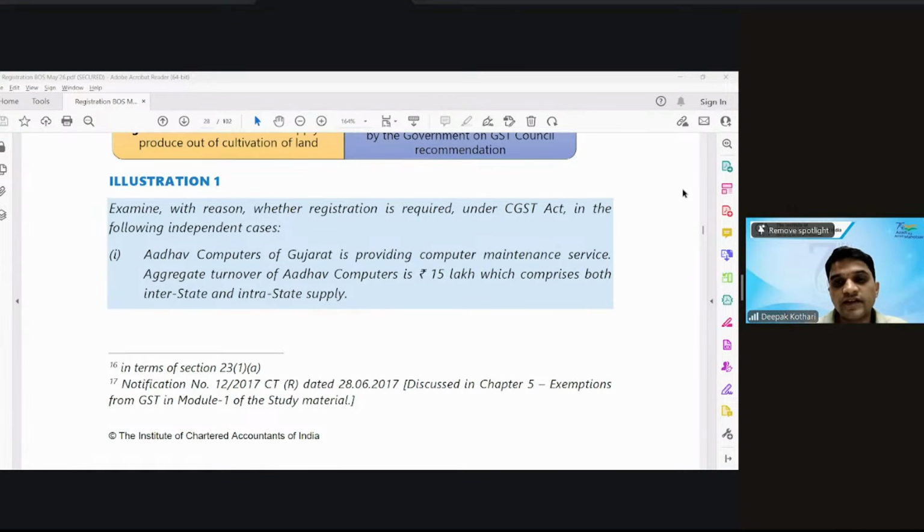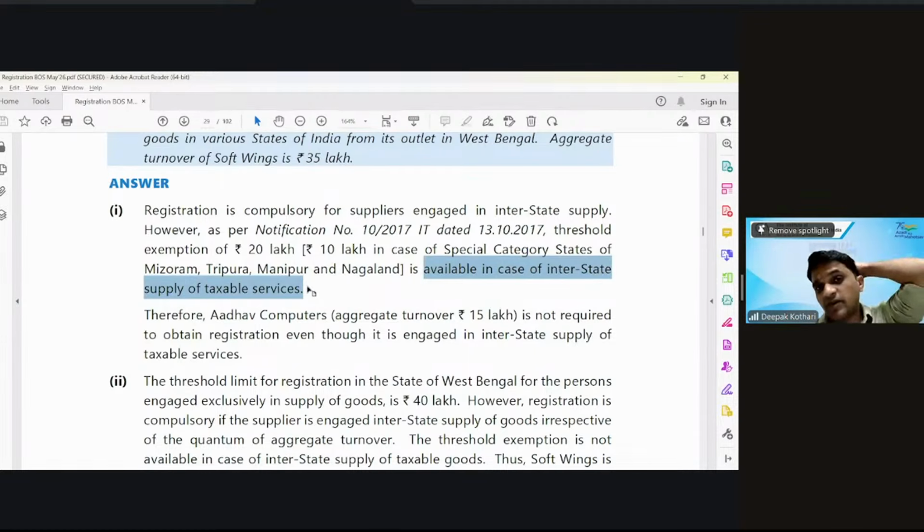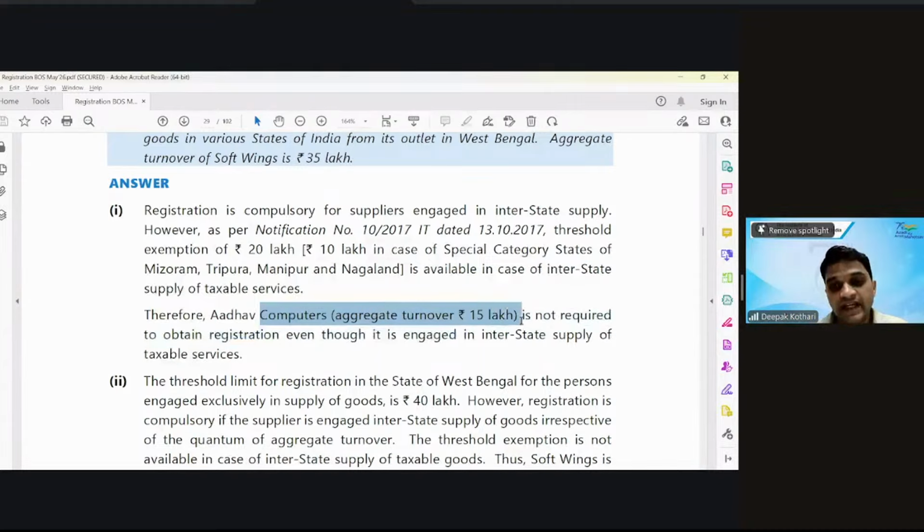So in case of interstate supply, we read that if he's making interstate supply, registration is compulsory. But then we said that there is an exception. The exception here they've specified through notification. You don't have to write the notification. It said that the exception is available in case of interstate supply of taxable services. Therefore, even though he is making interstate supply, since his limit is below 20 lakhs, he will not be required to register.